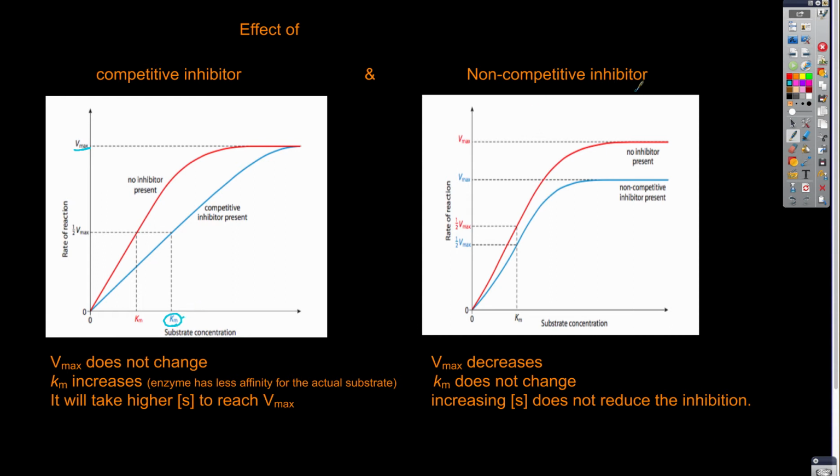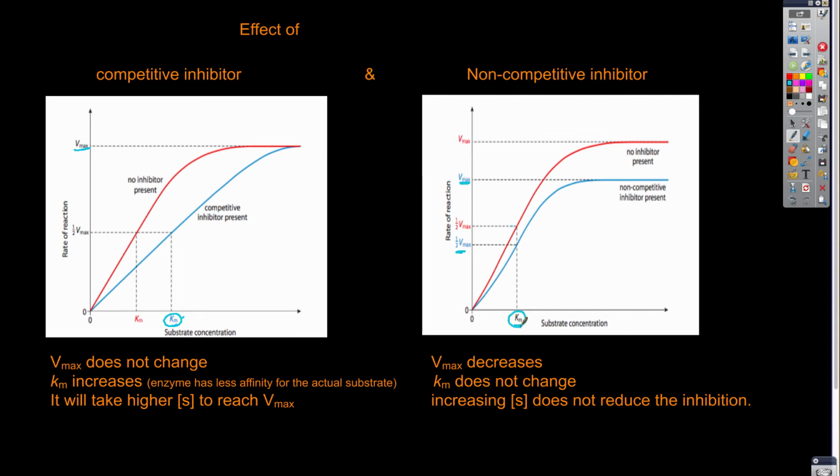If you have a non-competitive inhibitor, on the other hand, Vmax changes drastically. It gets smaller. So the enzyme saturation rate decreases. But it decreases in such a fashion that when you look at the Vmax with no inhibitor and the Vmax in blue with a non-competitive inhibitor, they give you exactly the same Km value.